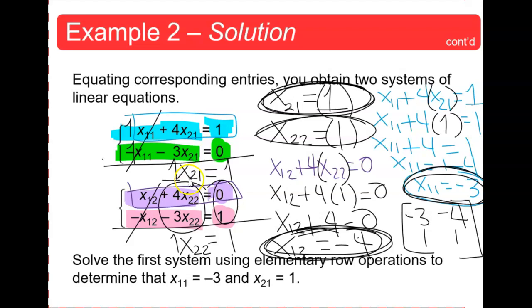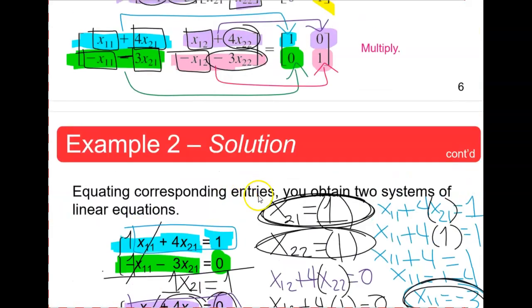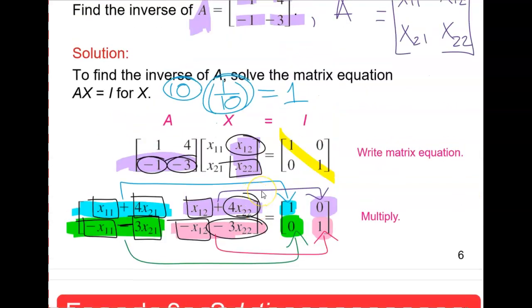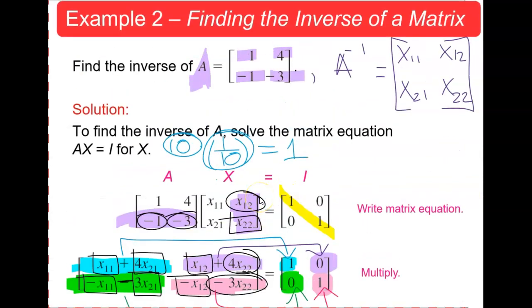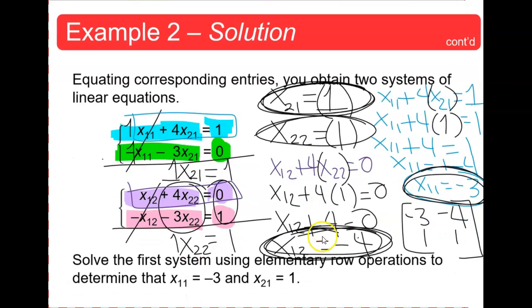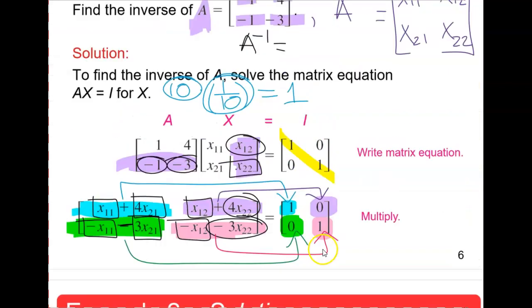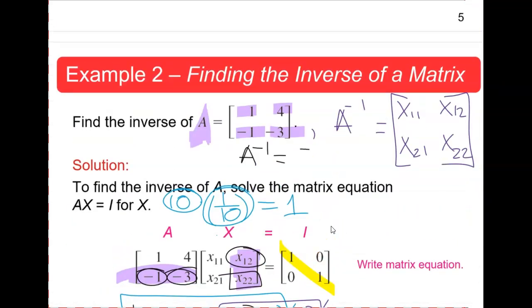So what that means is that we have the matrix that we were looking for, A inverse is equal to those numbers that we found: negative 3, negative 4, 1, 1. And so that will be the answer to the question, what is the inverse of that matrix?